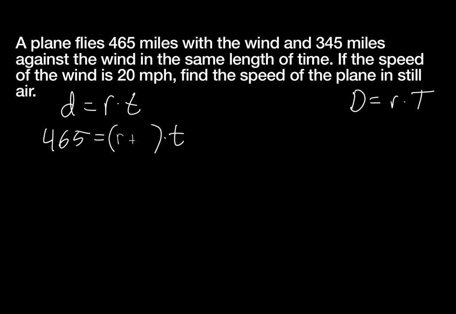And the speed of the wind is 20 miles per hour, because in the question it says, if the speed of the wind is 20 miles per hour. I've got a second equation, which will be distance equals rate times time. But now the distance is different. It's now 345. And my rate is against the wind, or into the wind, or my speed minus 20.